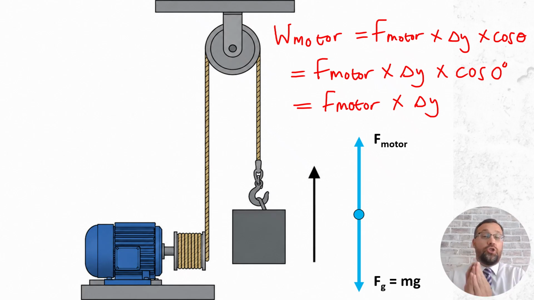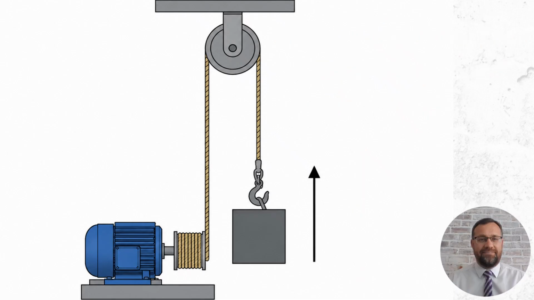Therefore, the work done by the motor increases as the load is lifted higher. This also makes intuitive sense. The higher the load is lifted, the greater its gravitational potential energy becomes.